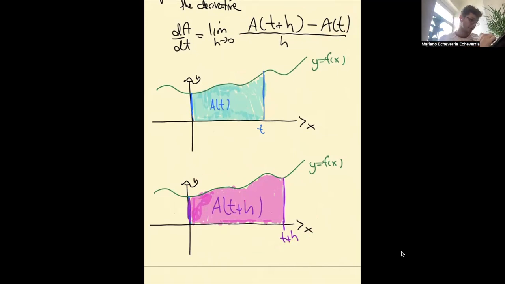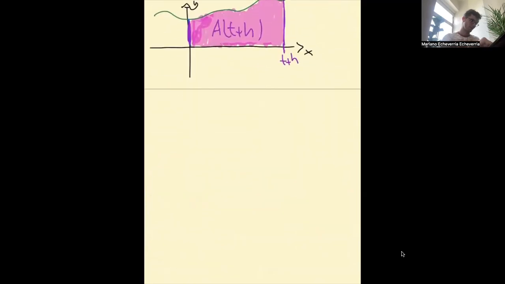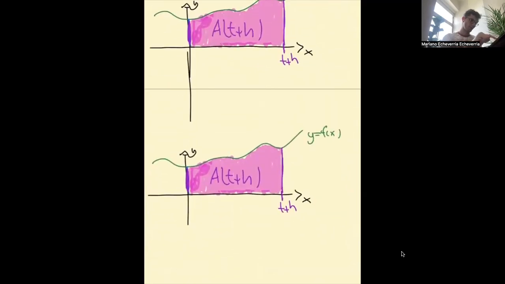Right. It should be the portion between t and t plus h. T and t plus h, perfect. So like this portion. So let me copy paste this again.